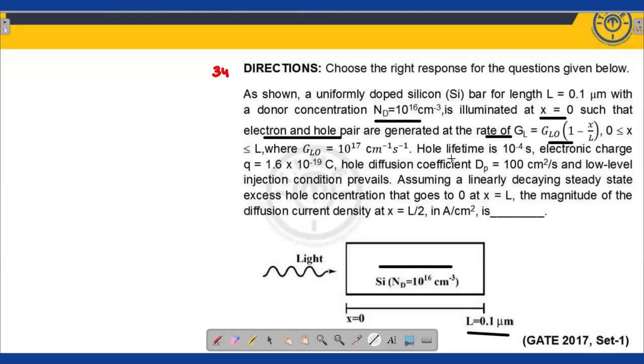Where GLO is given, the hole lifetime is this one, the electron charge is this one, and the hole diffusion coefficient dP is this one.